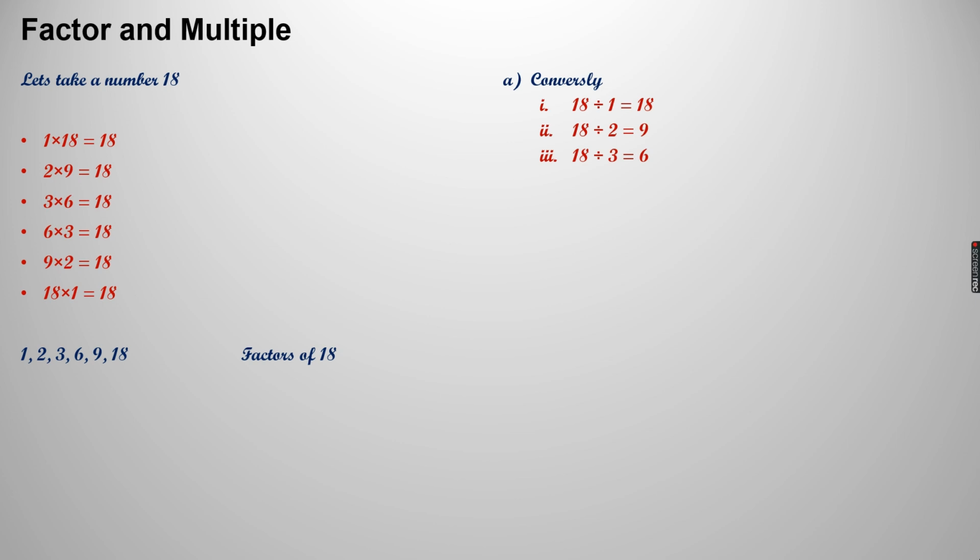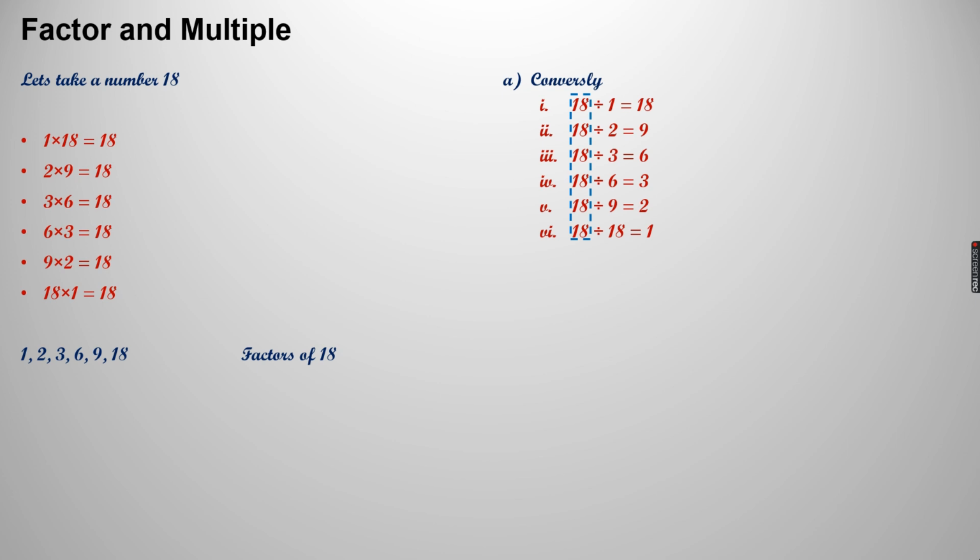So 18 is not a multiple of 4. 18 divided by 4 is equal to 4.5. That won't be a factor. How about 5? No. 6? Yes. 18 divided by 6 is equal to 3. 18 divided by 9 is equal to 2. And 18 divided by 18 is equal to 1.